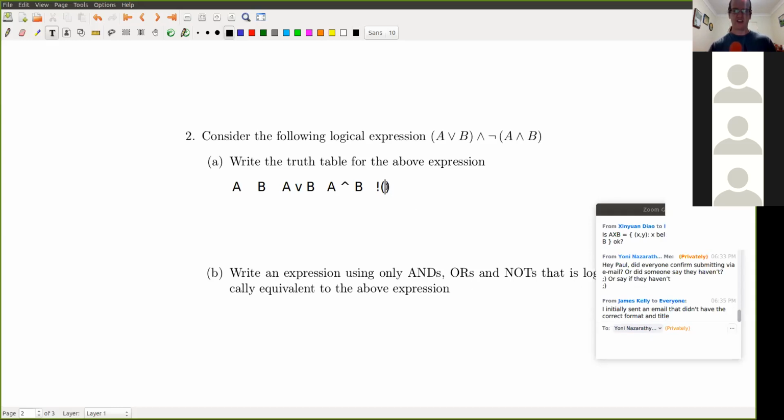Okay, so we're going to go not. I'm just writing this all out so we've got it in nice format, and then the whole thing. A or B, or not A and B. Okay, I need a pen so I can draw a table.